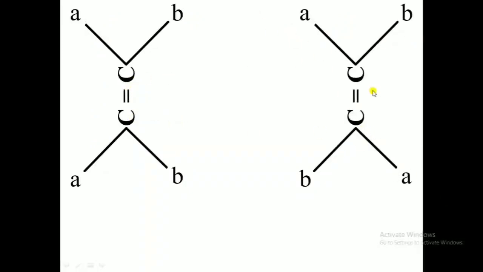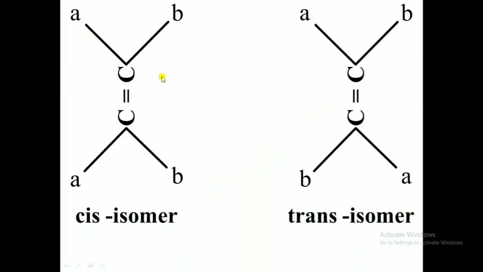So these two are isomers. These are different spatial arrangements, and this form where the similar atoms are arranged on the same side of the carbon-carbon double bond, we call the cis isomer, and this is the trans isomer where the similar atoms or groups are arranged on the opposite side. So this is a trans isomer.